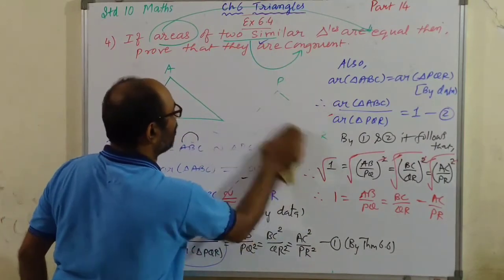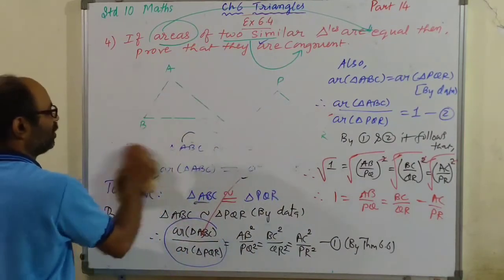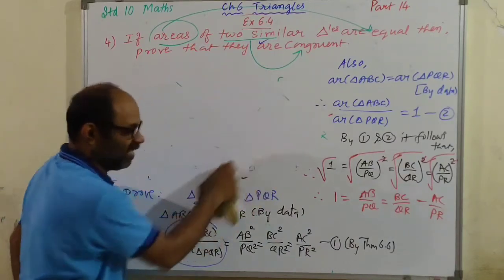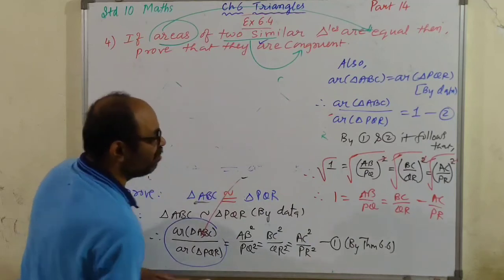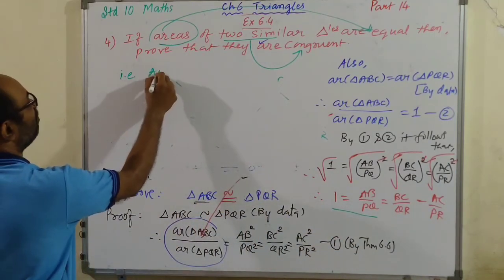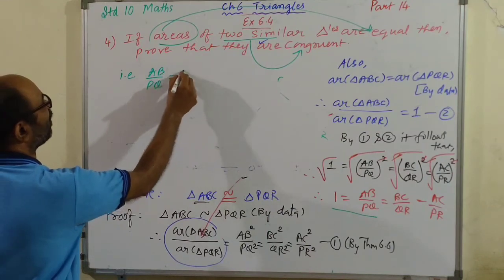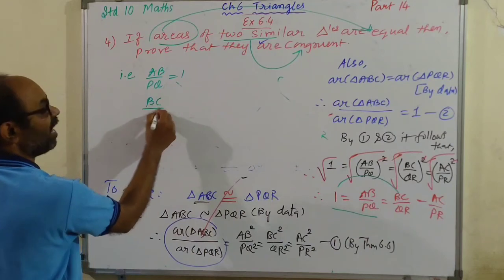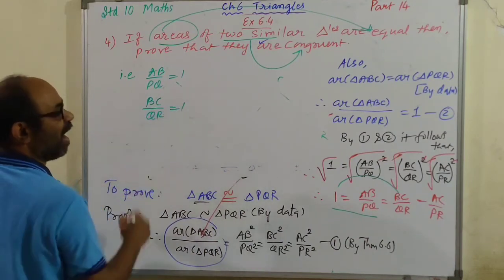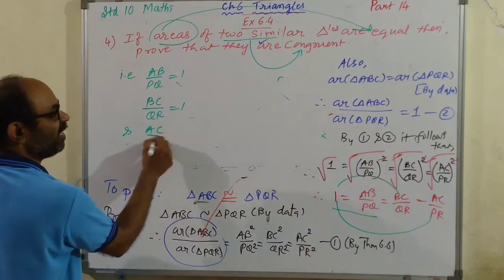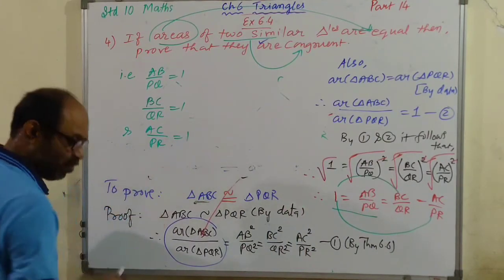I'll continue here. I'm going to get rid of these figures and make some space to write. All right, children, I pick up this: AB upon PQ is equal to 1. I pick up BC upon QR is equal to 1, and I pick up AC upon PR is equal to 1.